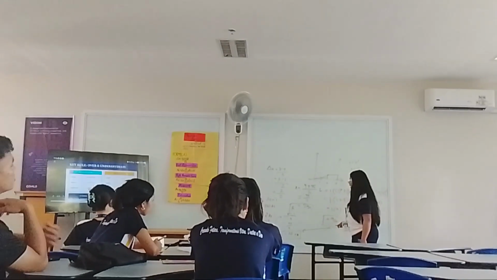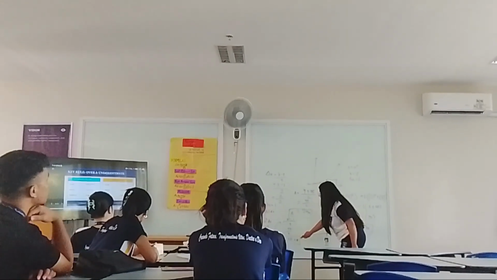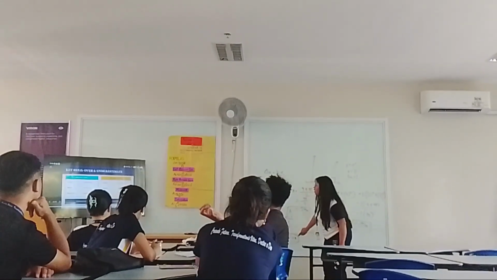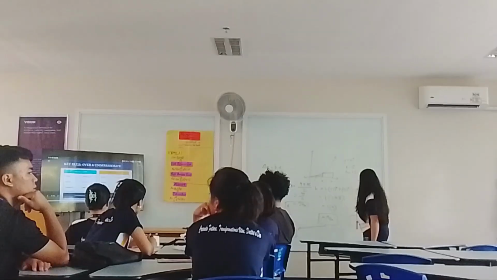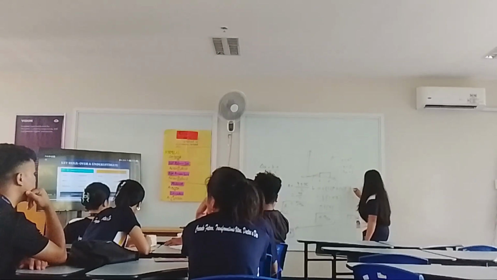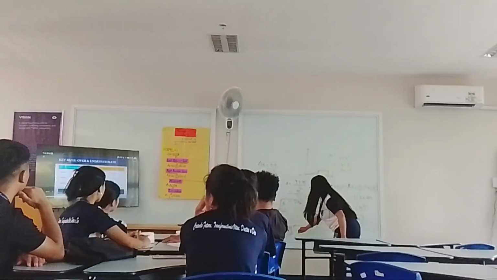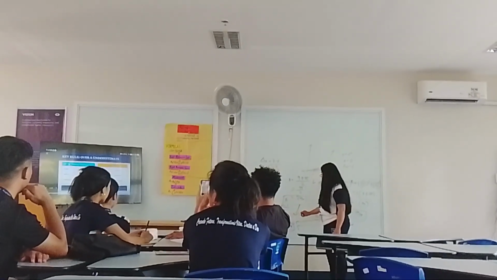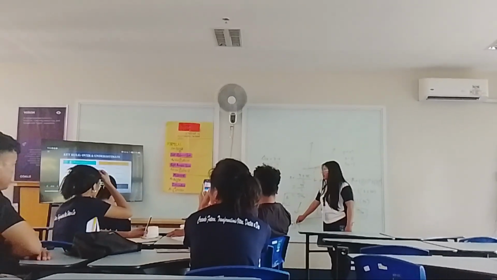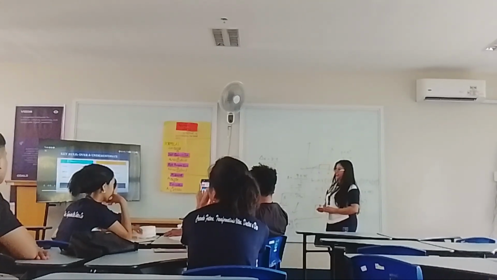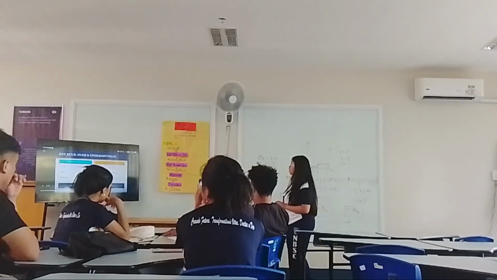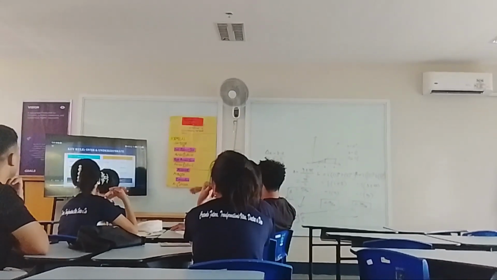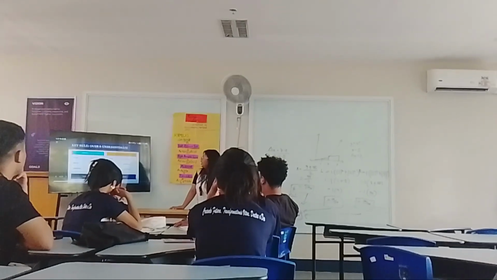Left Riemann sum underestimates our exact area, and our right Riemann sum overestimates the exact area, but our midpoint is the closest to our exact area. Okay, so here is the rule of over and underestimate.